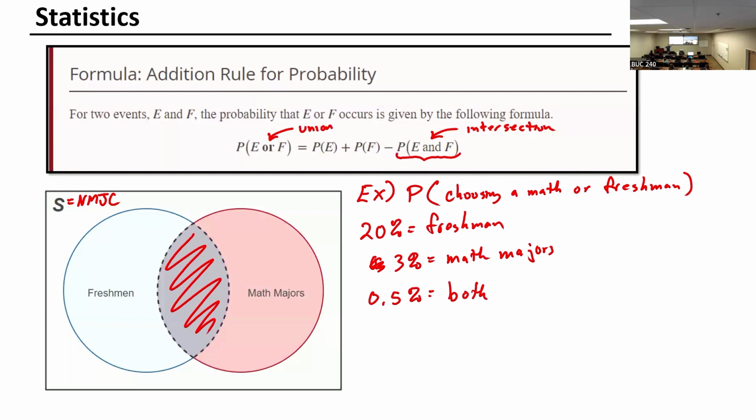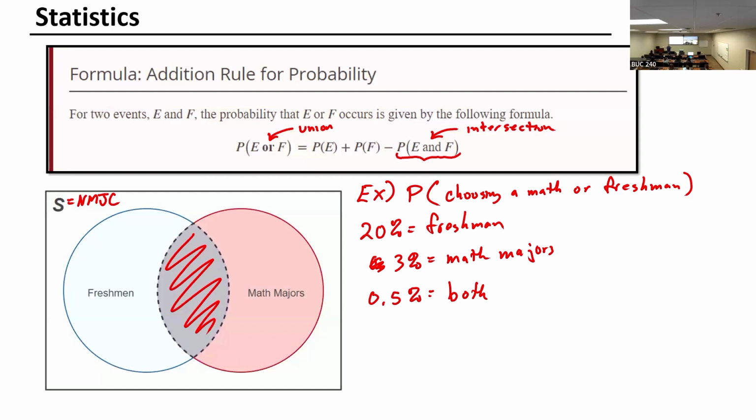Could I find some freshmen? There's going to be a certain number of freshmen, right? I know there is. I have it up there for you. 20% of people could possibly be a freshman. How many of those people are math majors? 3%. So I have a whole other number over here, right?